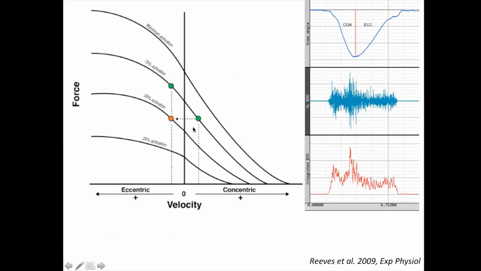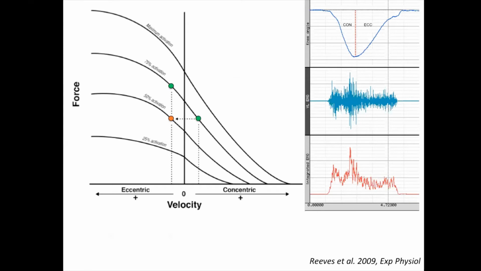But if you see the curve, for example, in this case we're on the 75% neural activation force-velocity curve. If we displace the same load between the concentric and eccentric phase, knowing that during the eccentric phase we can produce a greater amount of force, we clearly fall into a different force-velocity curve and potentially with lower neural activation.